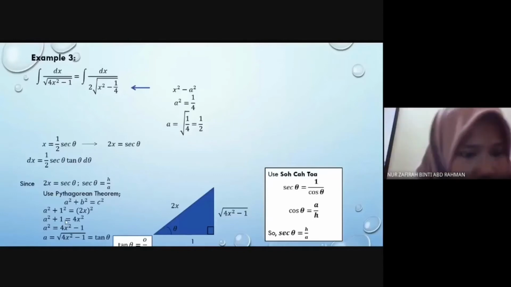So we got a squared plus 1 equal to 4x squared. We got a squared equal to 4x squared minus 1, so the value of a is square root of 4x squared minus 1.